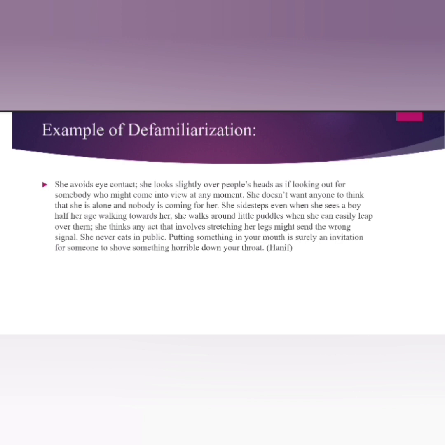In that particular novel, the male gaze and the experience of the woman moving in patriarchal society is so beautifully described. It says she avoids eye contact. She looks slightly over people's heads as if looking out for somebody who might come into view at any moment. She does not want anyone to think that she is alone and nobody is coming for her.